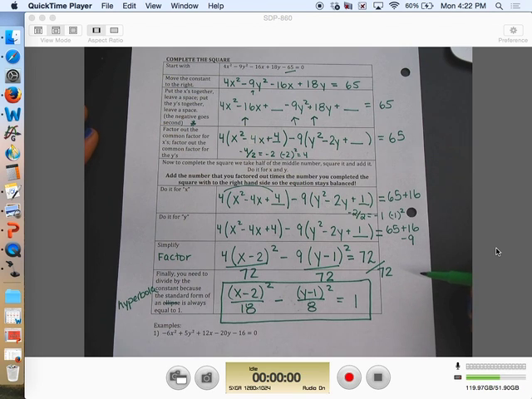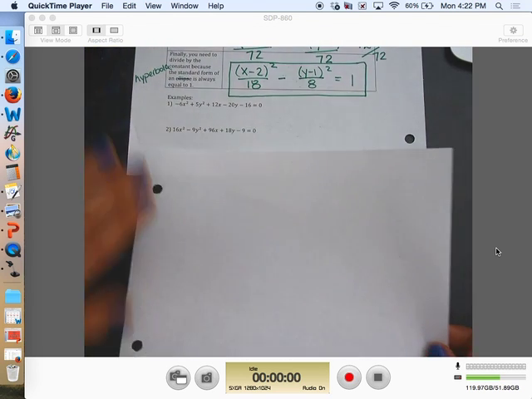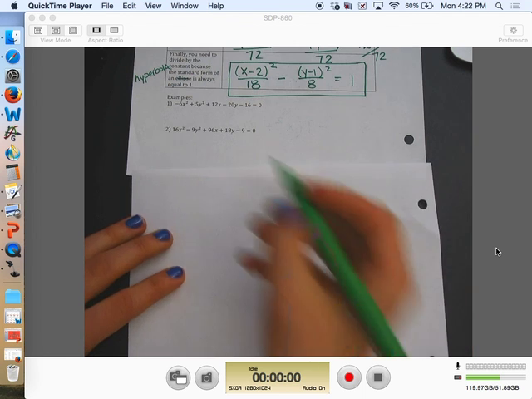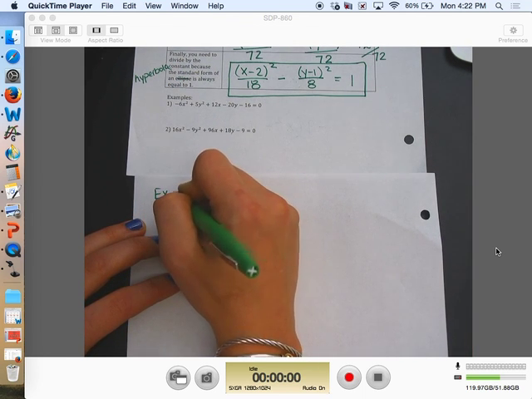Let's try one more problem together. We are going to look at example 1.